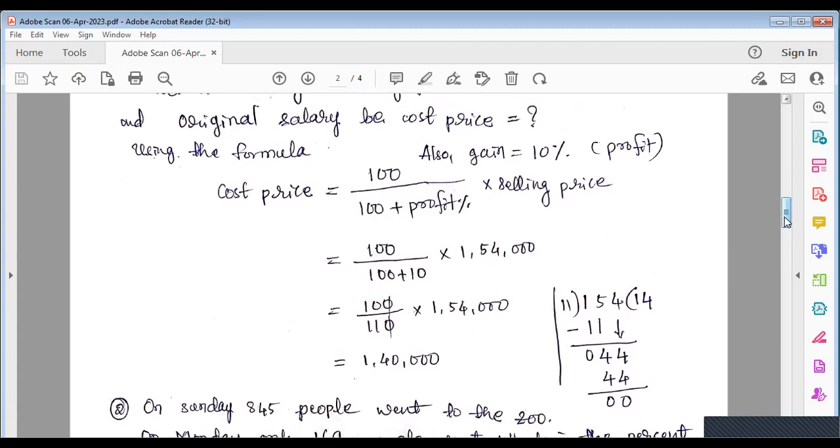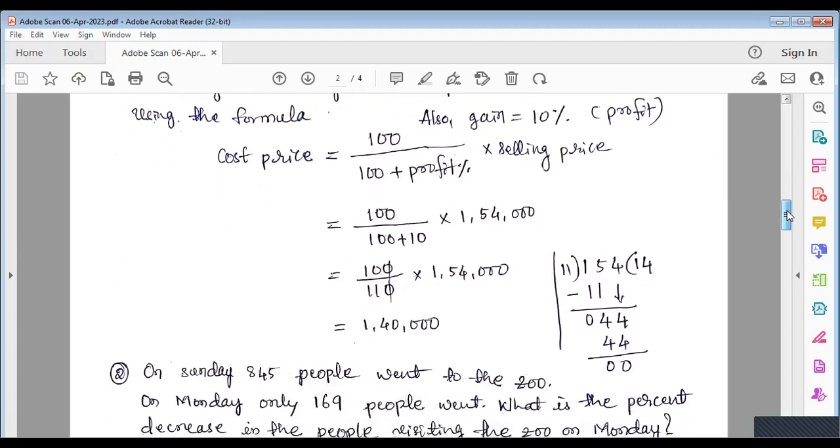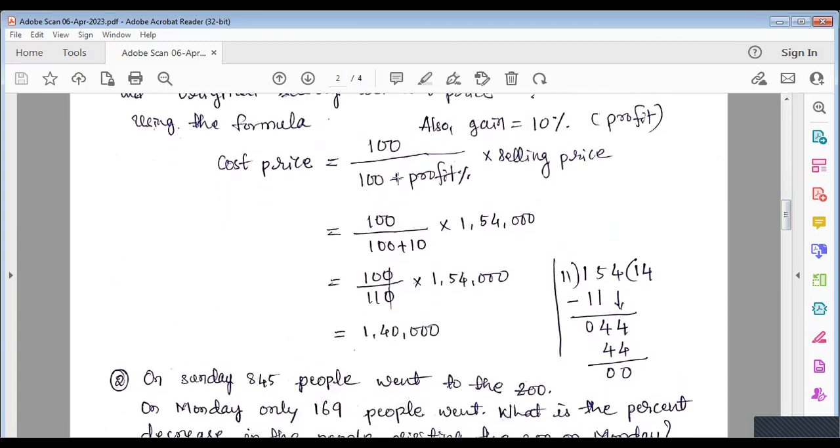Whichever may be the method, the answer is the same. So better you use this formula only, because this formula is a part of this chapter. So that is why better to use this formula only.